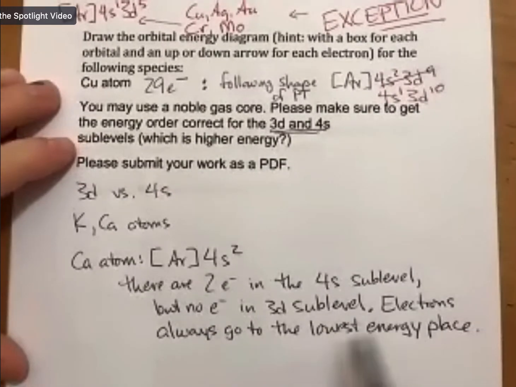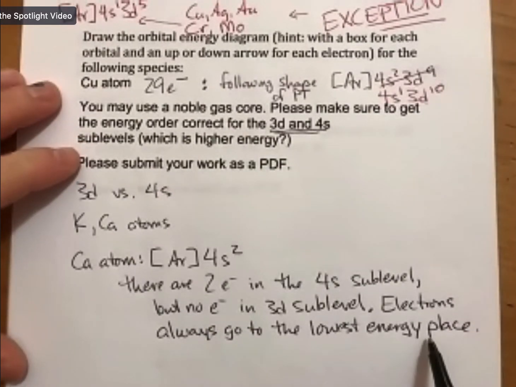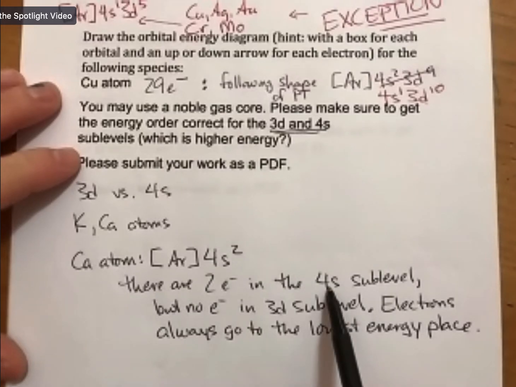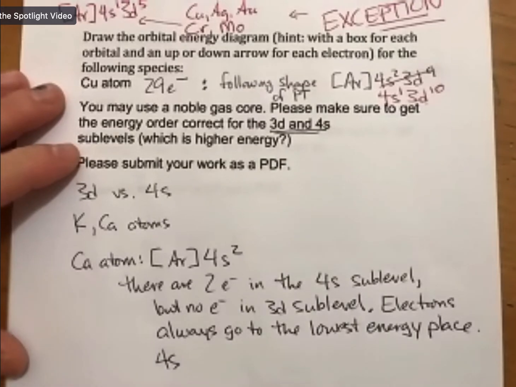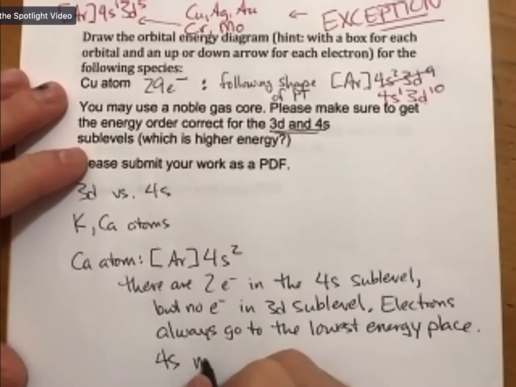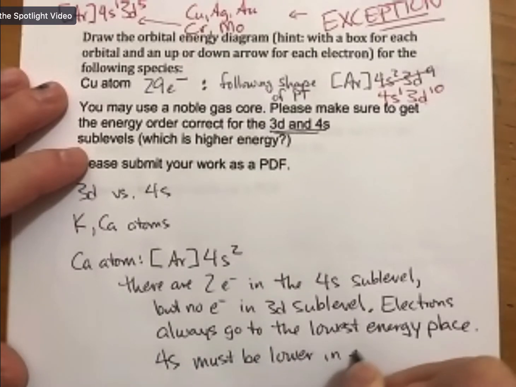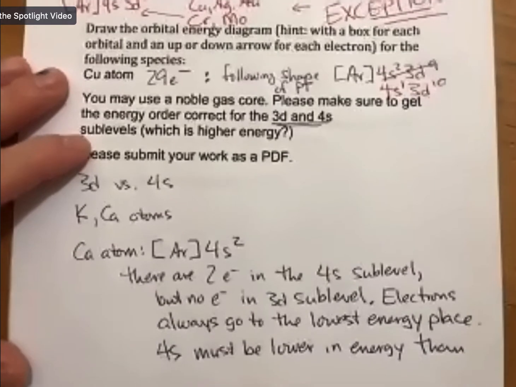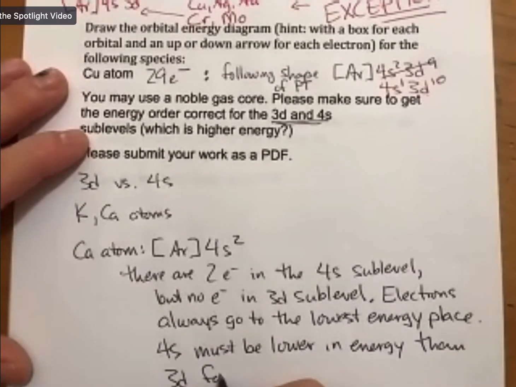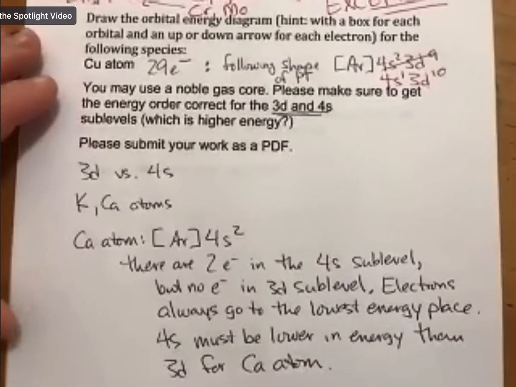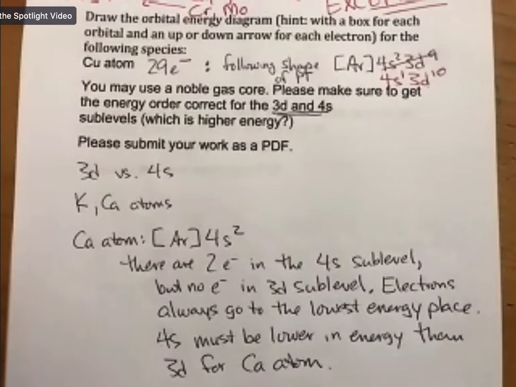So electrons always go to the lowest energy place. If there are electrons in 4s but none in 3d, 4s must be lower in energy than 3d for the calcium atom.